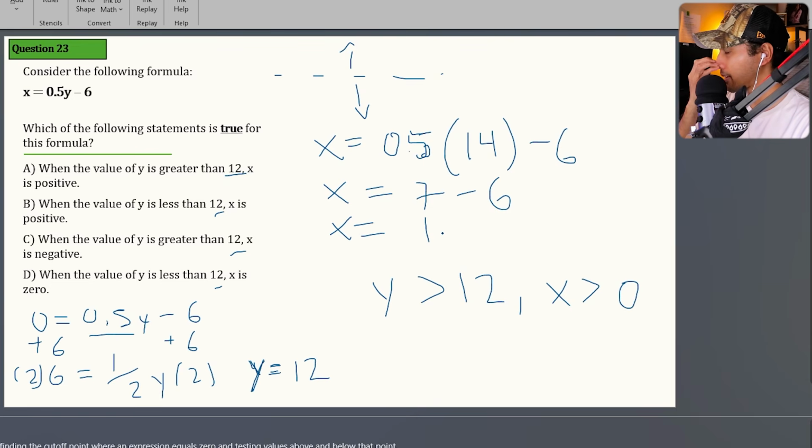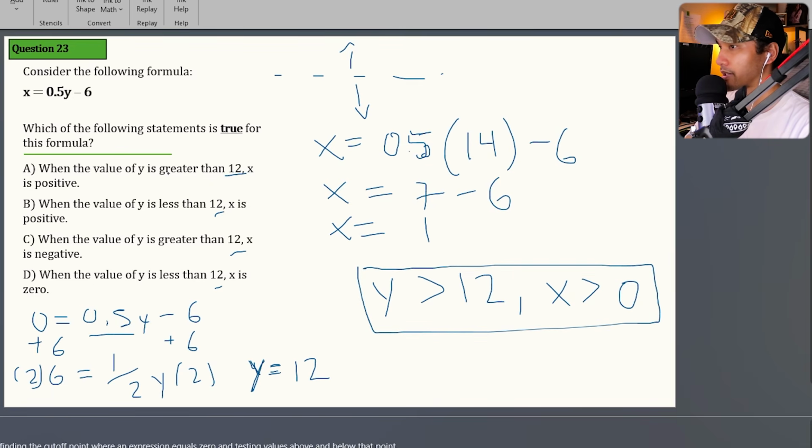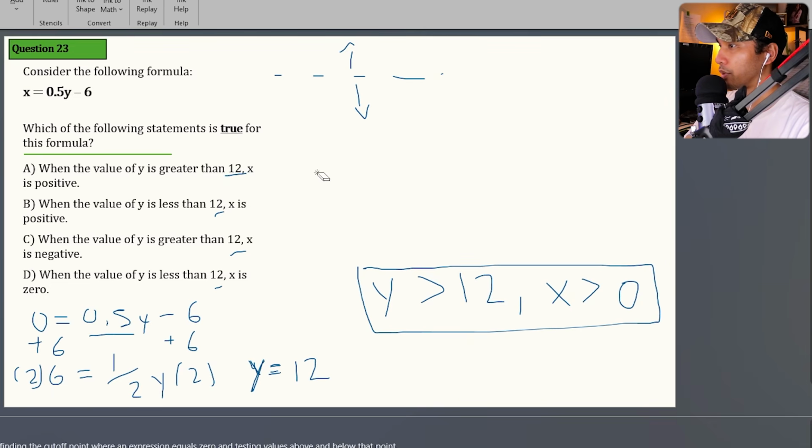This is important. What happens when I pick a point below the cutoff? So we have x equals 0.5 times, I'm going to choose 10 because that's going to give me a whole number, minus 6.